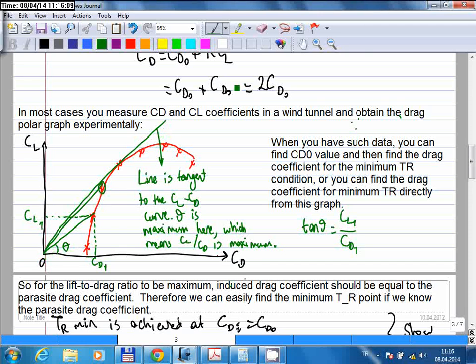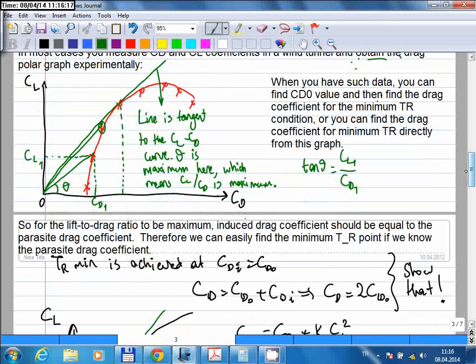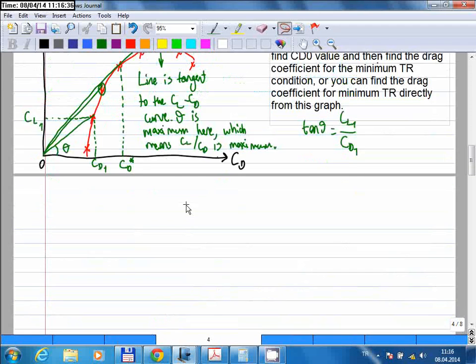So for example, for this data, this gives the, let me call this CD star. It really got messy here. I don't have too much space left.